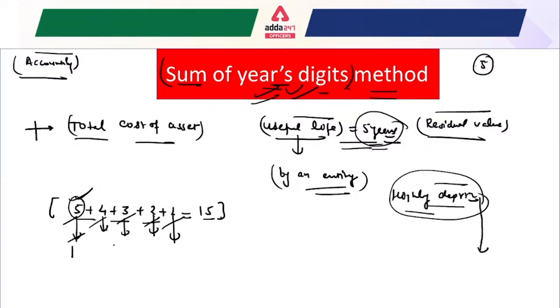We know this is the first year, this is the second, this is the third, this is the fourth year. So fourth year depreciation will be equal to 2 by 15. Why do we use the 2 here? Because in the fourth year, 2 years of useful life of the asset we purchased are remaining. That's why we use the 2 here, in the simplest terms.